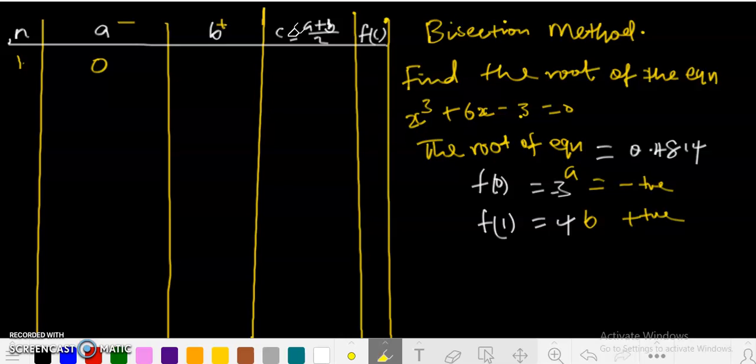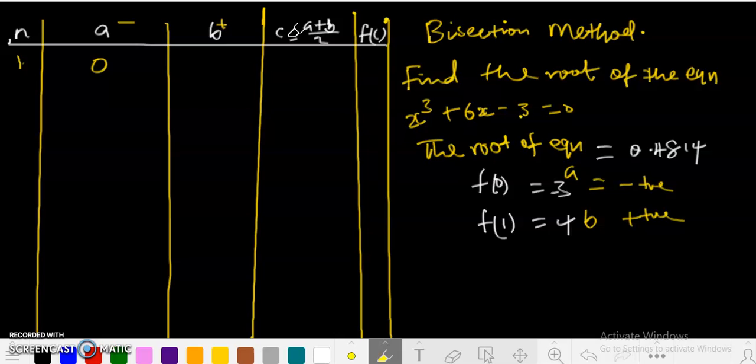Then you write the given equation, x cubed, but in place of x we use C: alpha C, C cubed, plus 6C, minus 3. Now you can evaluate that.